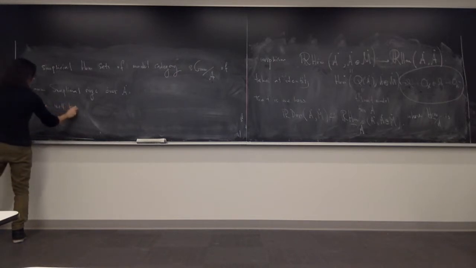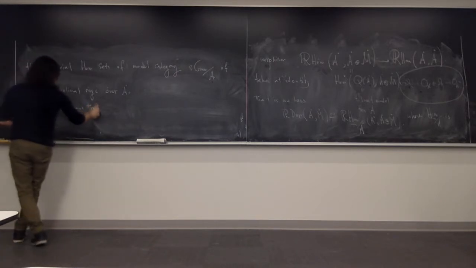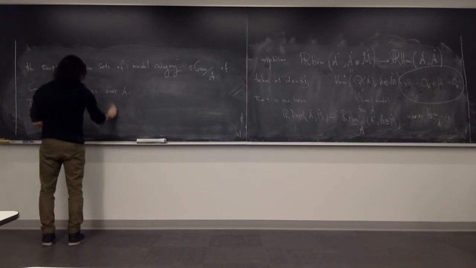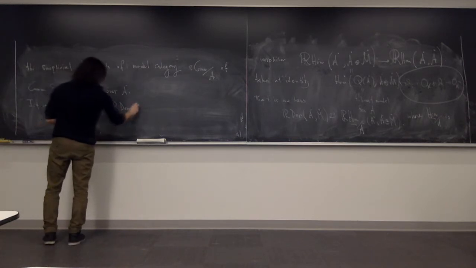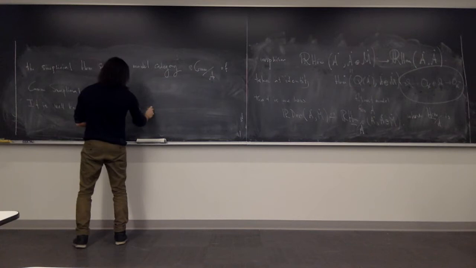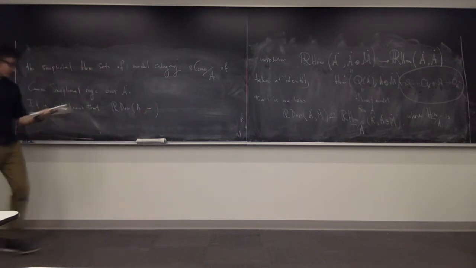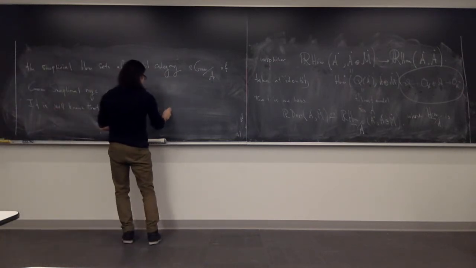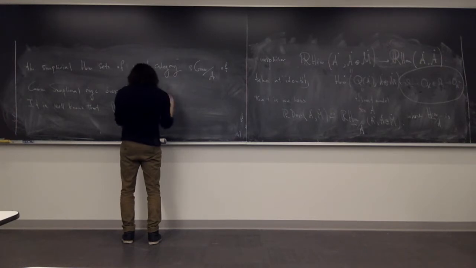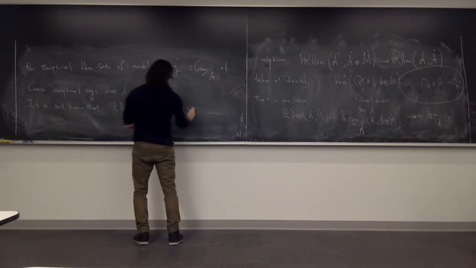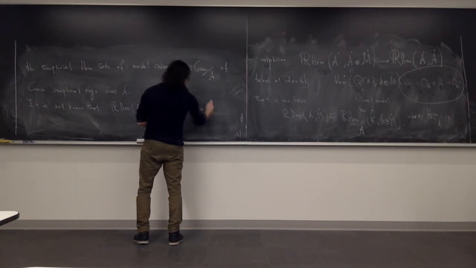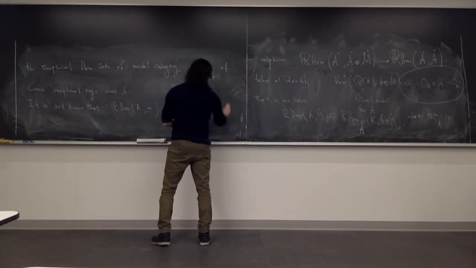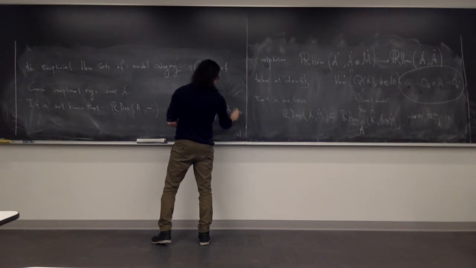It is well known that derivations from A to something, which is a map from, now it's the derived derivation, so this is from the homotopy category of simplicial A modules to the homotopy category of the simplicial sets.